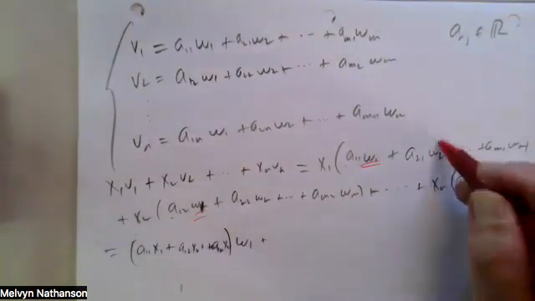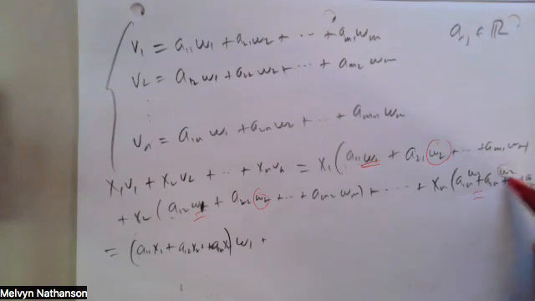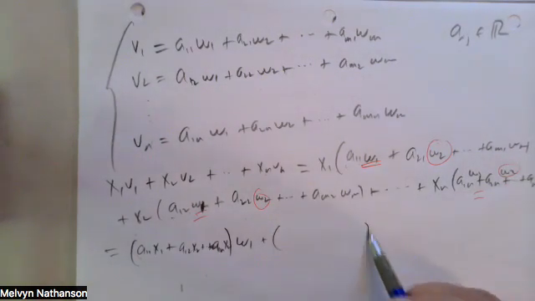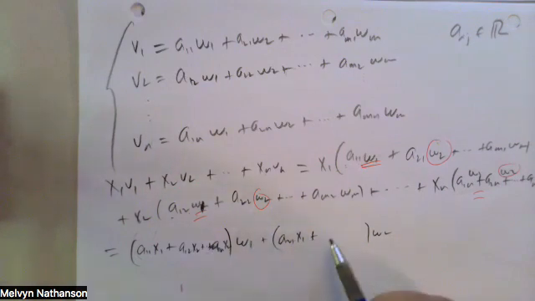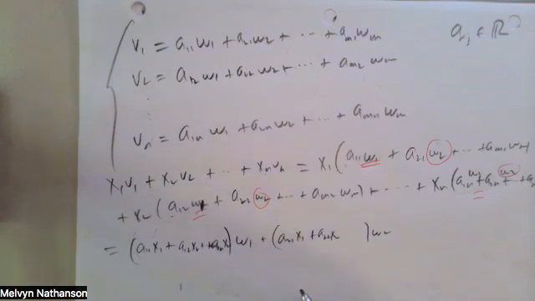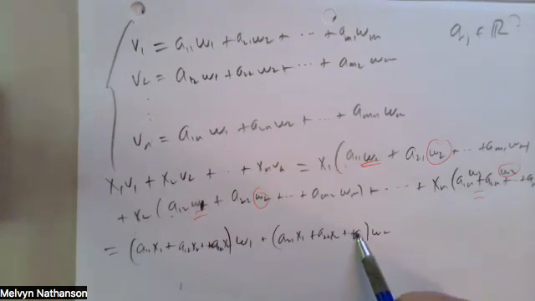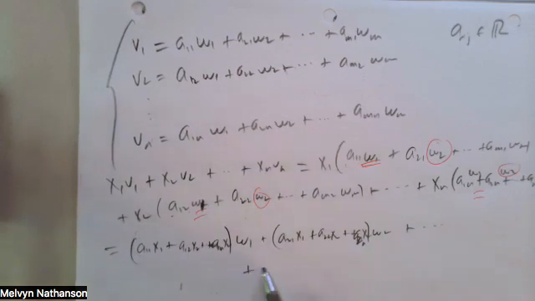And then I also have a w2 in each of these expressions. And what's the coefficient of w2? It's a21 x1 plus a22 x2 up to a2n xn, all the way up to the last.